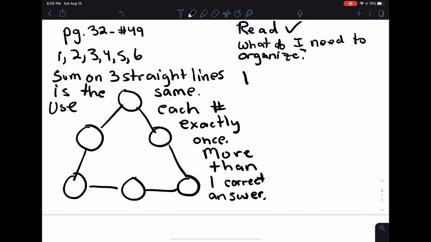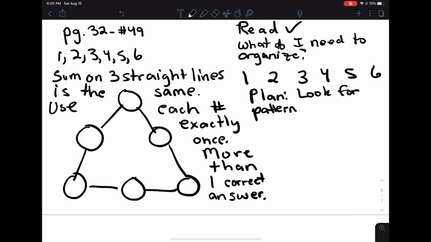So I laid out the numbers 1, 2, 3, 4, 5, 6. And my plan was to look for patterns and decide an estimated sum.